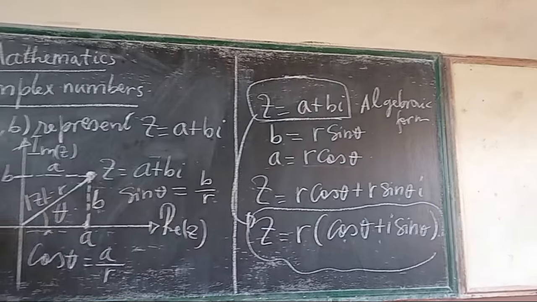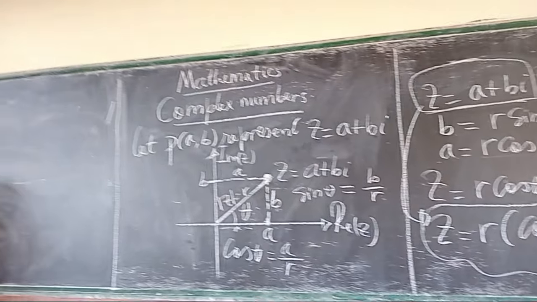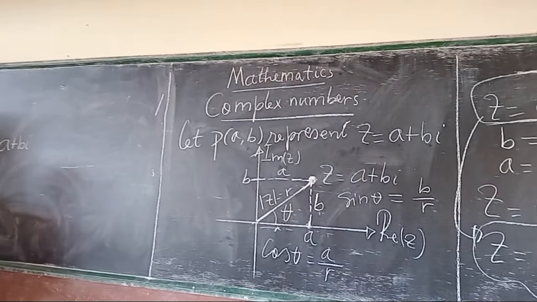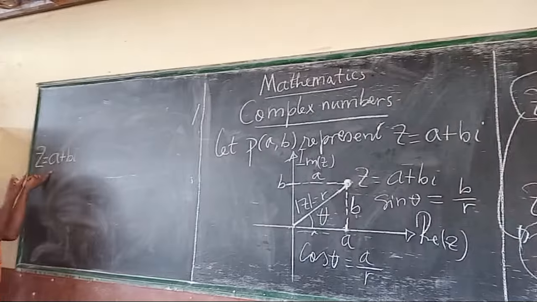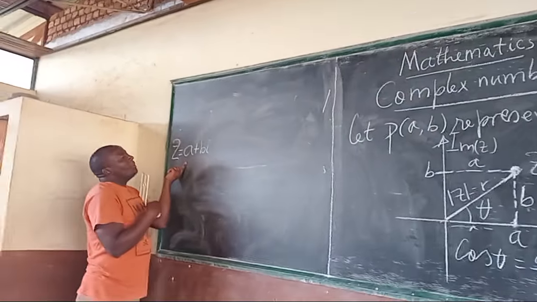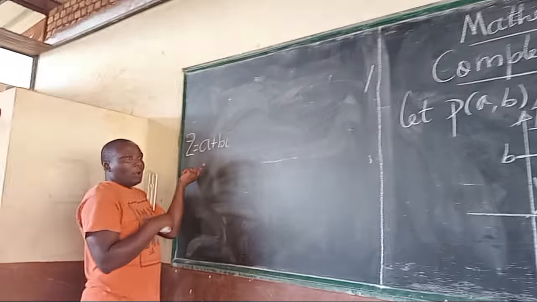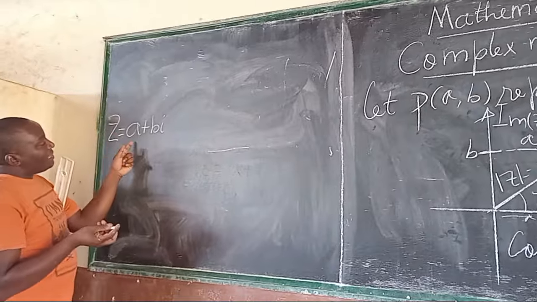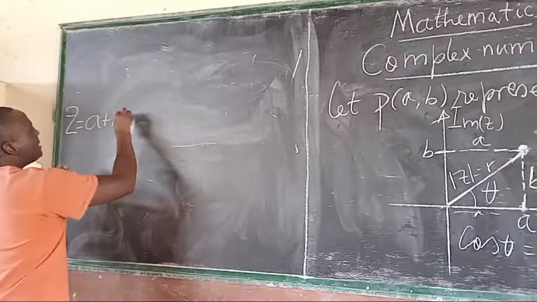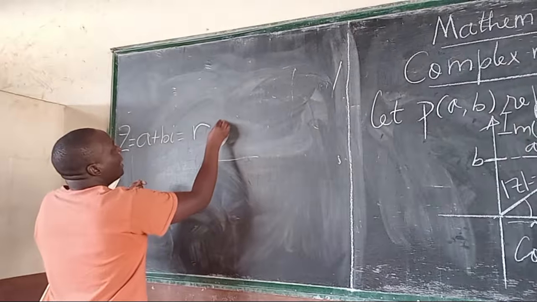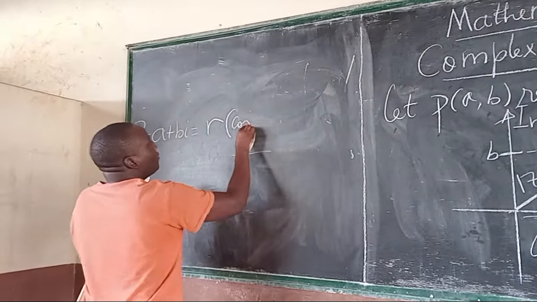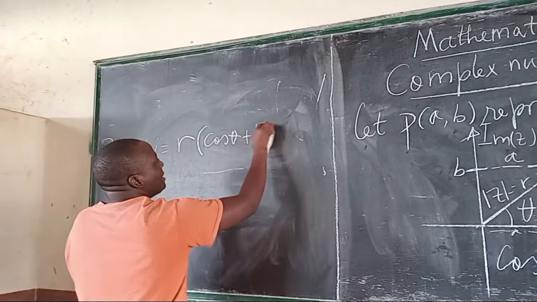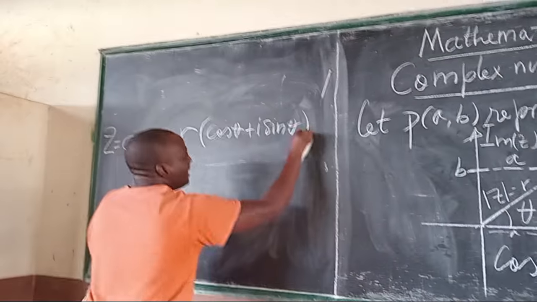Then, my given complex number Z equals a plus bi. This complex number is expressed using standard form, or algebraic form, or Cartesian or rectangular form. Is this standard form the same as r times cosine of an angle theta plus i sine of that angle theta?